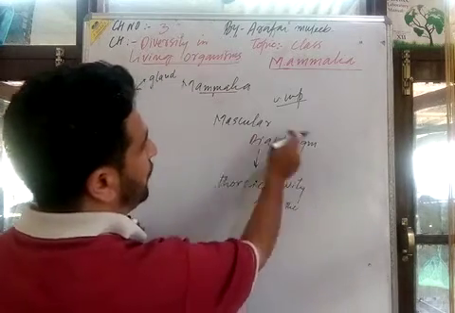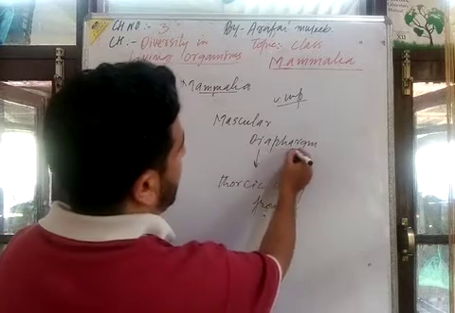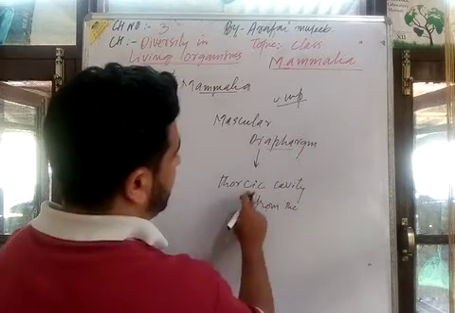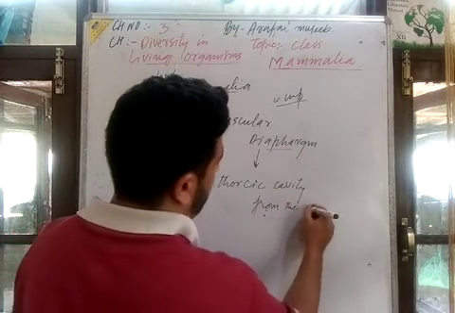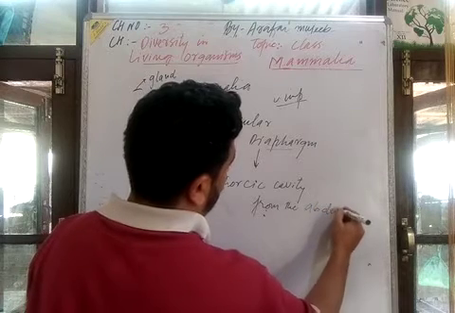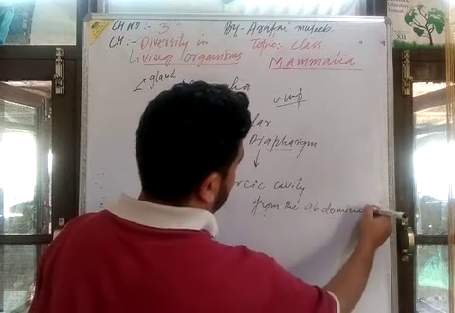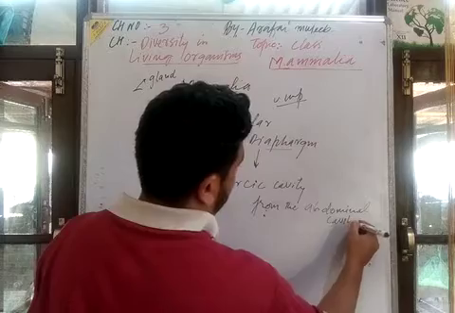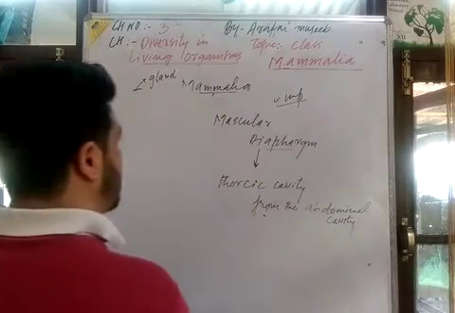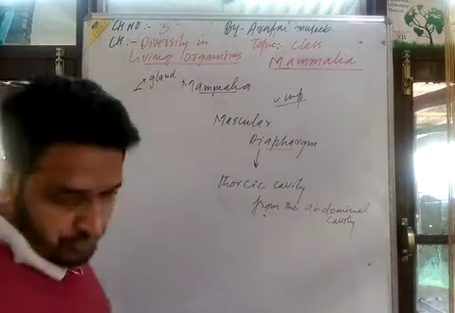There is a muscular band known as the diaphragm, and it separates the thoracic cavity from the abdominal cavity. It is an important point.